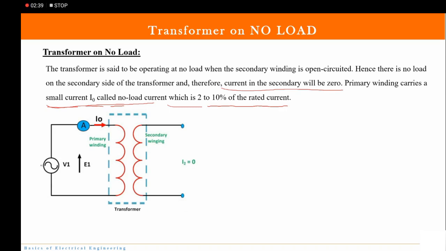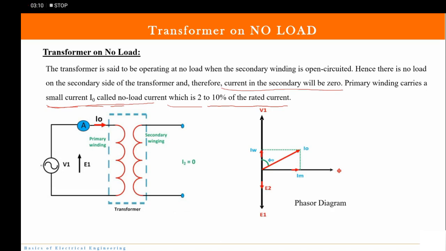So the circuit diagram is shown here. You can see that output is open circuited, so I2 is 0 and a small current I0 flows in the primary circuit. Now this is the phasor diagram. Let us talk about the phasor diagram. Under ideal condition, our winding is pure winding, correct?